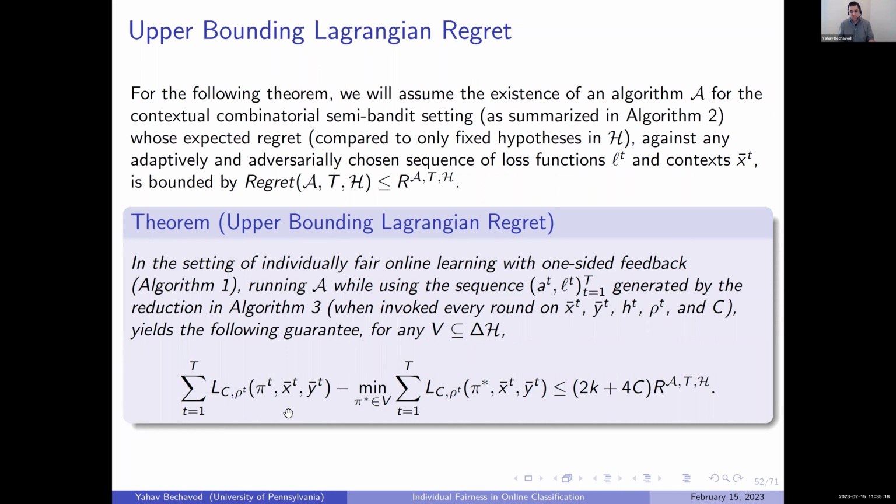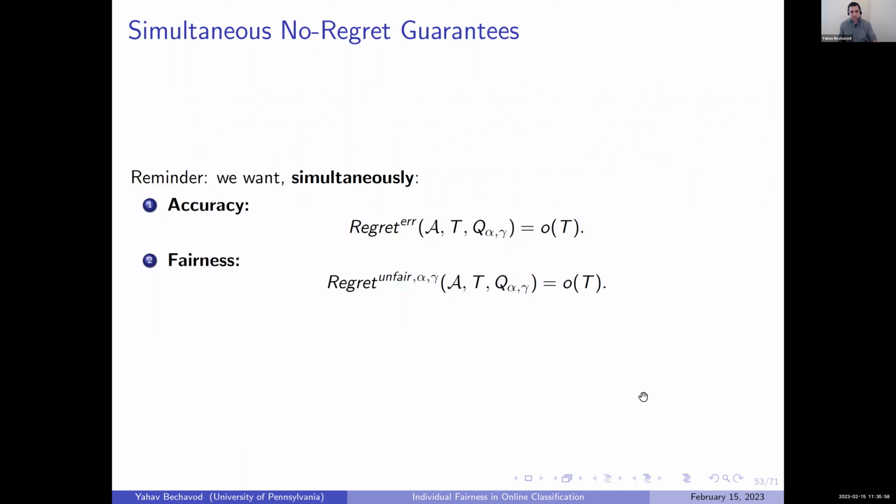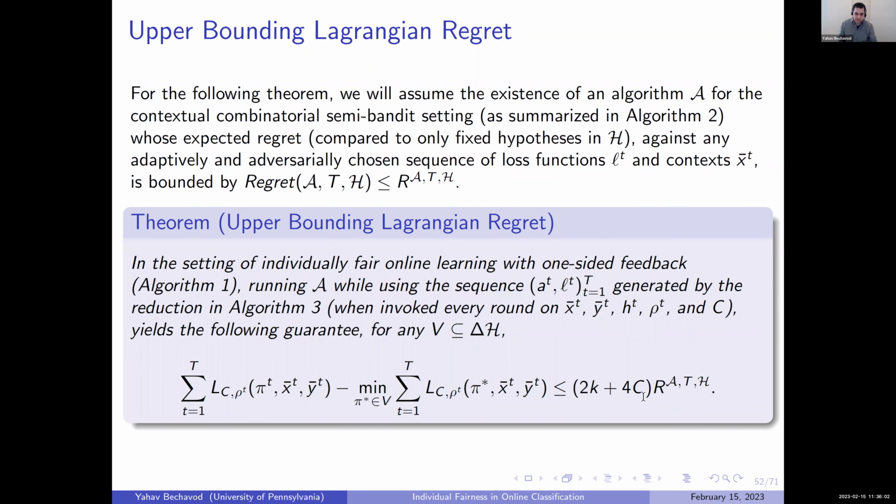What we show is that this construction with these fake individuals in the stream, playing 0-1 loss on the fake stream, is really measuring the Lagrangian loss over the original stream. So we can inherit the no-regret guarantees of this algorithm, up to some factor that comes from having a longer, inflated stream, so the dimension extends a bit. And again, this is a bound on the Lagrangian regret, but we want simultaneous accuracy and fairness guarantees.